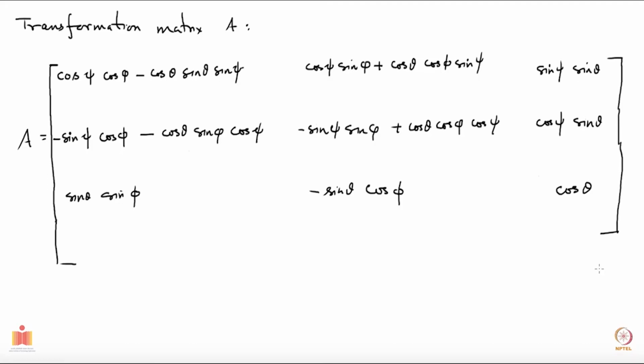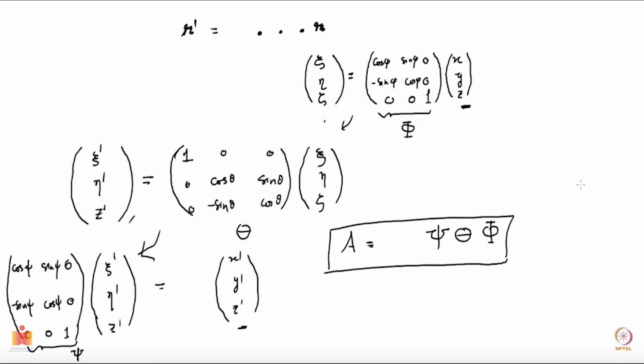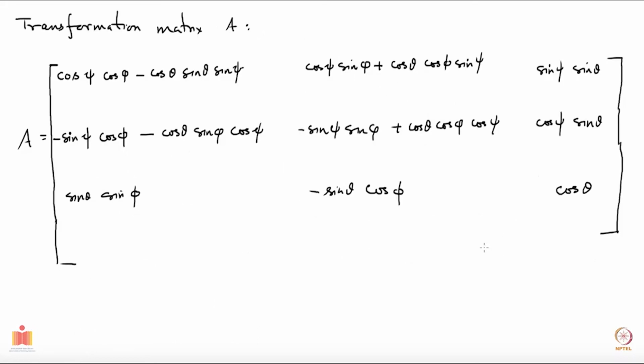After all, we have multiplied 3 orthogonal matrices. These matrices, theta, phi and psi, they are orthogonal, and you may wonder whether the product is orthogonal. Well, we expect them to be orthogonal because the distance between any 2 points in the rigid body is not going to change under this transformation. So it better be an orthogonal transformation.